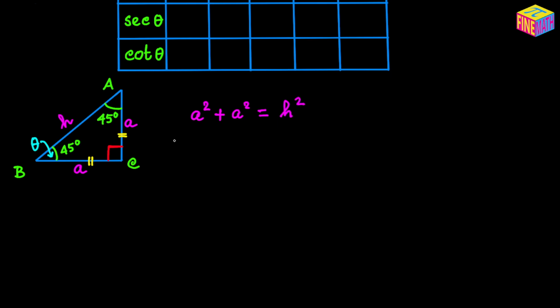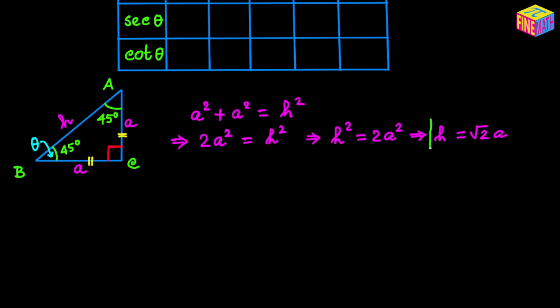From here, 2 times a squared is equal to h squared, so h must be square root of 2 times a. If we take the root on both sides, 2 becomes square root of 2 and a squared becomes a. It cannot be negative, it will be positive because we are talking about the length of the side of a triangle, which is the hypotenuse. This is one important piece of information we are going to use in our calculation.